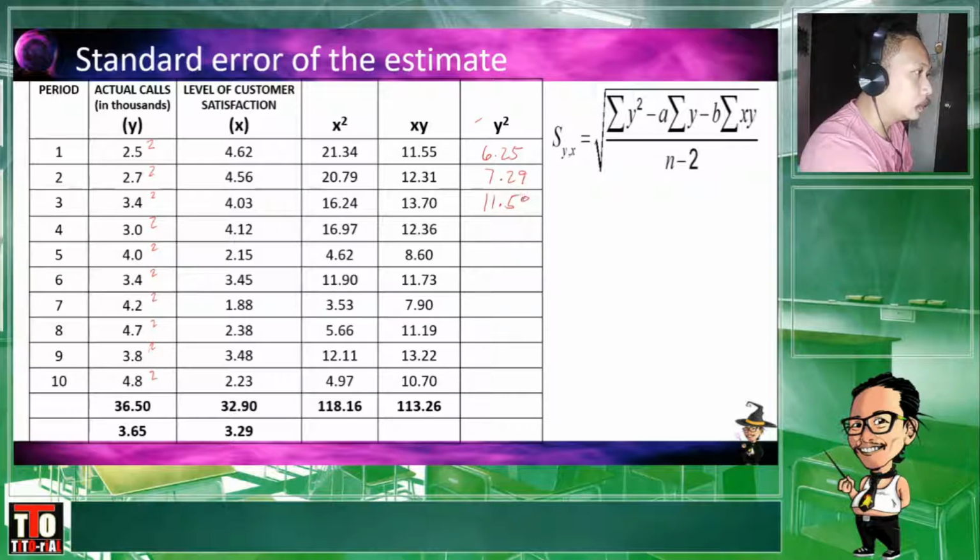Oh, sorry. Burahin natin. Wala akong pambura. Ito na lang. 11.56. Okay? Again, that would be 11.56. Okay? So, kunin na natin yung formula ng iba. So, I suggest kayo din kunin nyo yung value ng y squared. Okay?